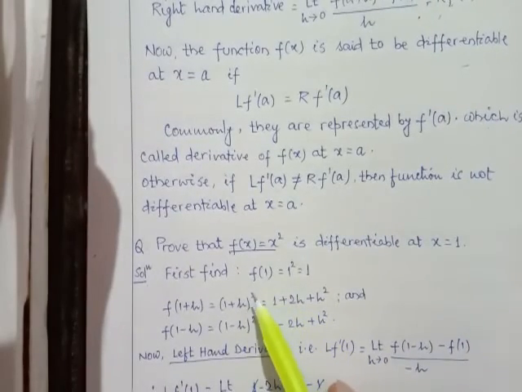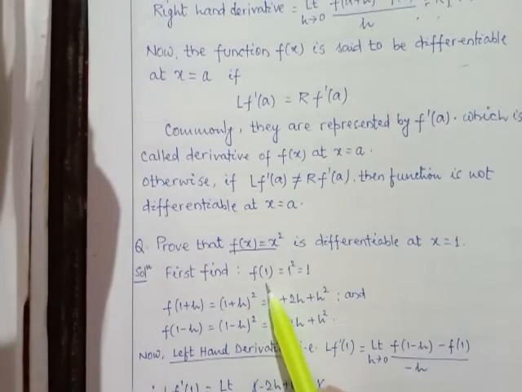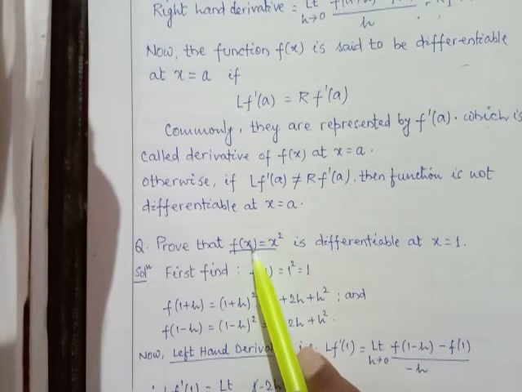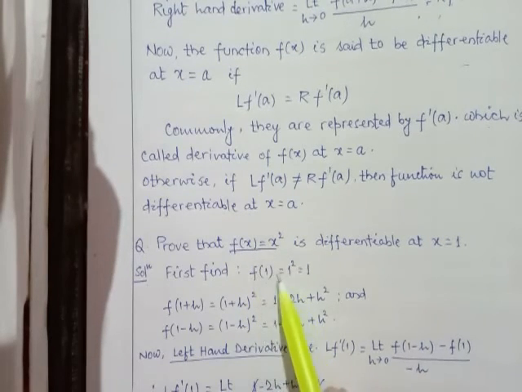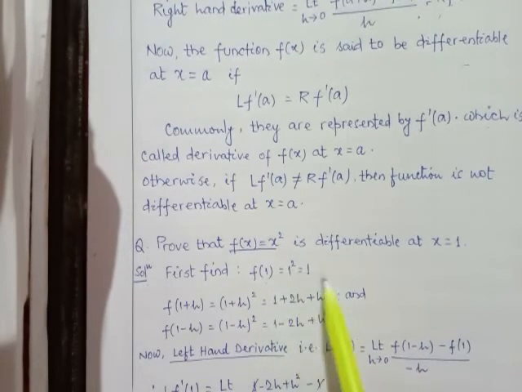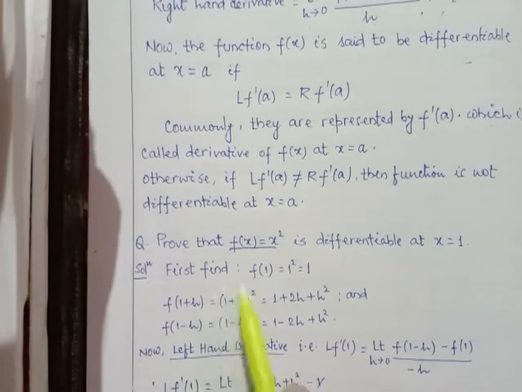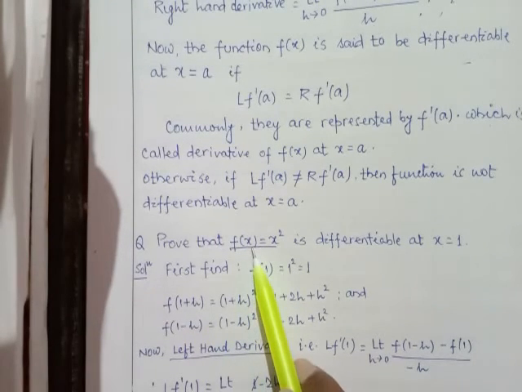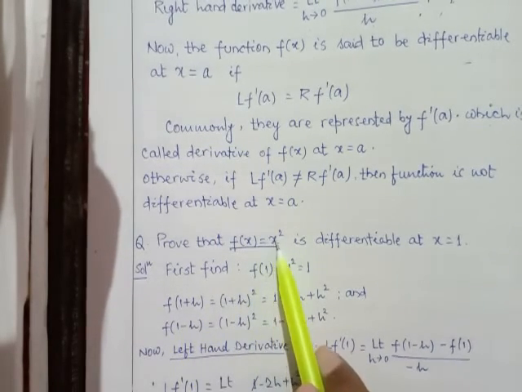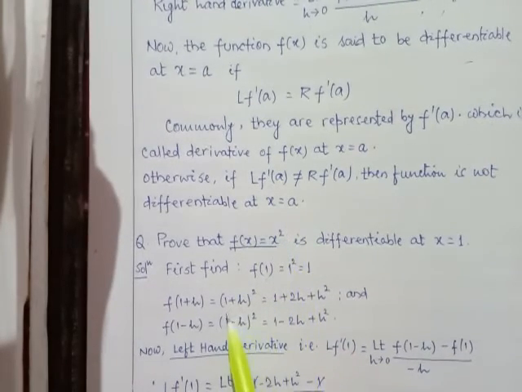Calculate them first. First find f(1): replace x in f(x) by 1, so f(1) is 1 square, which is 1. Next, calculate f(1 plus h).